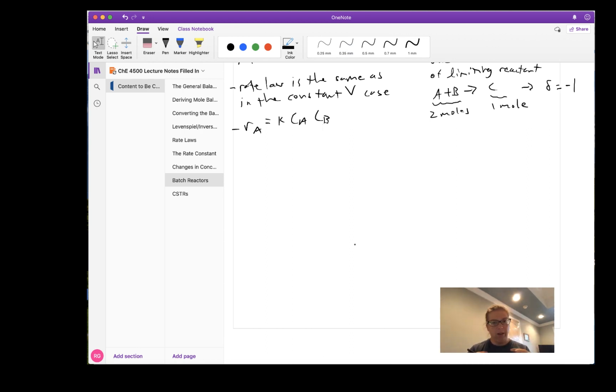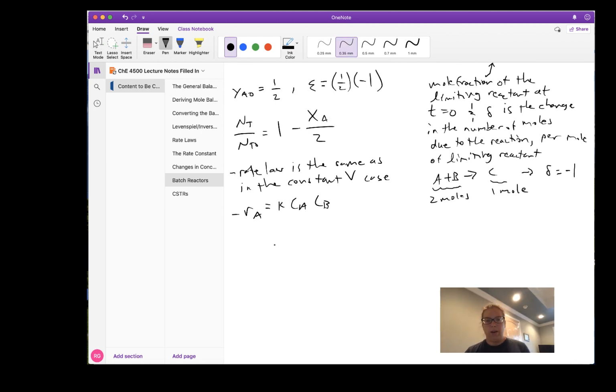The volume is getting smaller, and hence those concentrations are getting higher. Now, though, I need to account for the fact that my volume does change, so these formulas for concentration are going to be different than in the constant volume case.